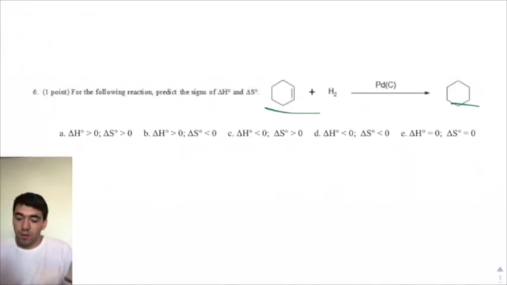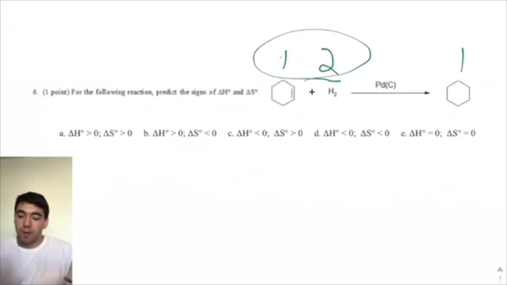So let's say in the beginning you have two things, separate and unorganized, and then when you go to one thing, you become more ordered because they're together. Usually, if something's becoming more disordered, you're making more of that thing. Two things in two different places is more unorganized than one thing in one place.